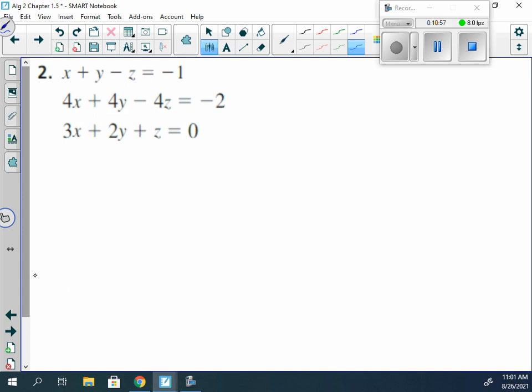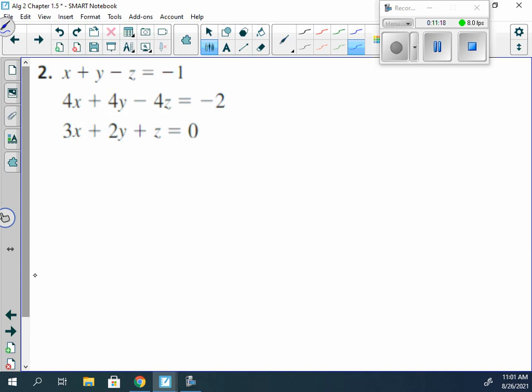Which one do we want to use as the eliminator equation? X plus Y minus Z. So eliminating any of these three variables, which one would I not use as the eliminator equation? The middle. 4X plus 4Y minus 4Z.